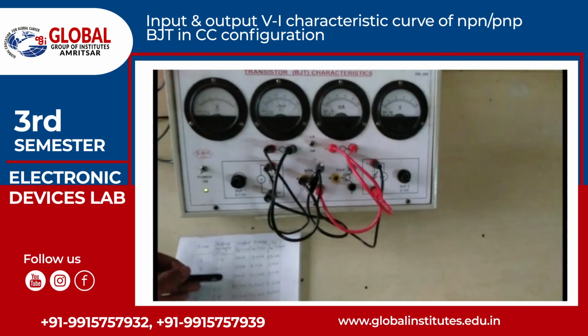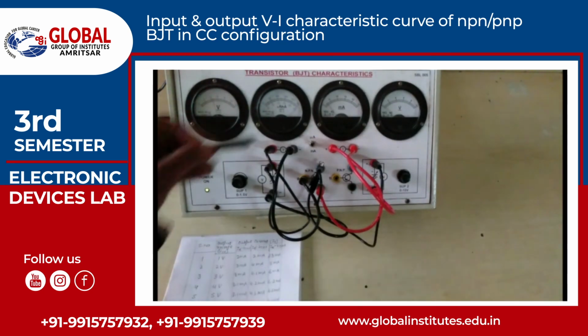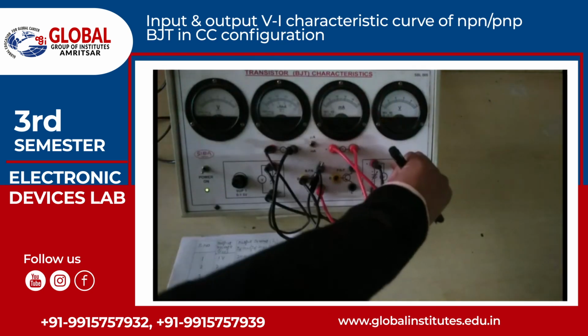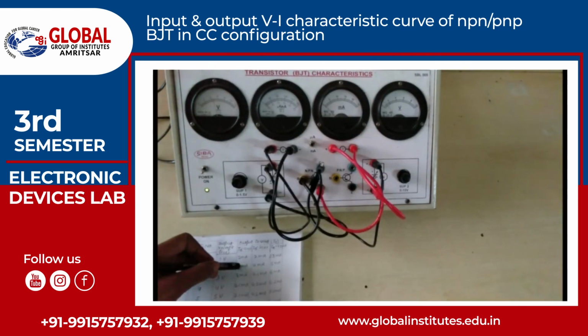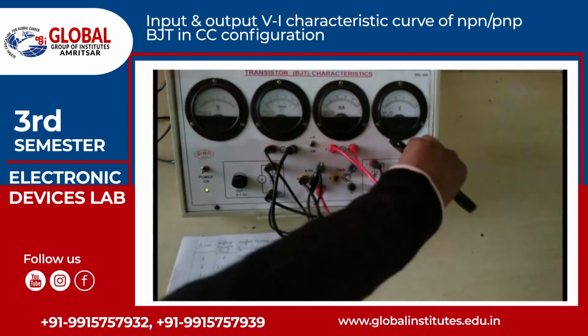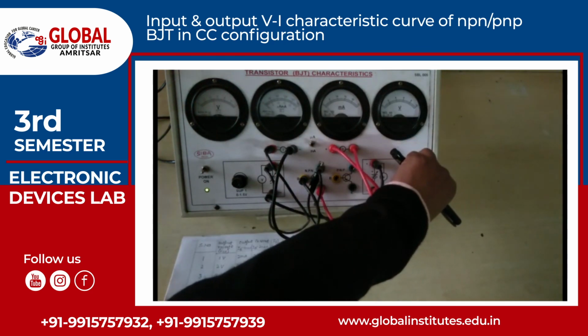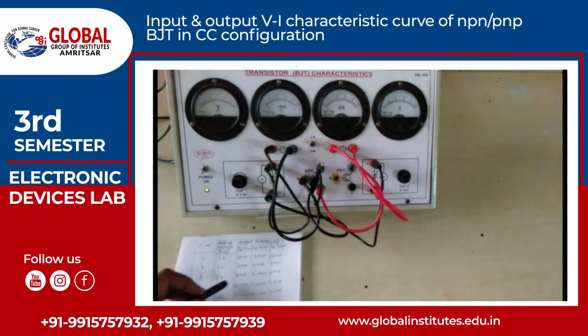Note down the readings. At 1 volt it is showing 2 milliampere. At 2 volt it is showing 3 milliampere, and at 3 volt it is again showing 3 milliampere. According to that, record all the readings.